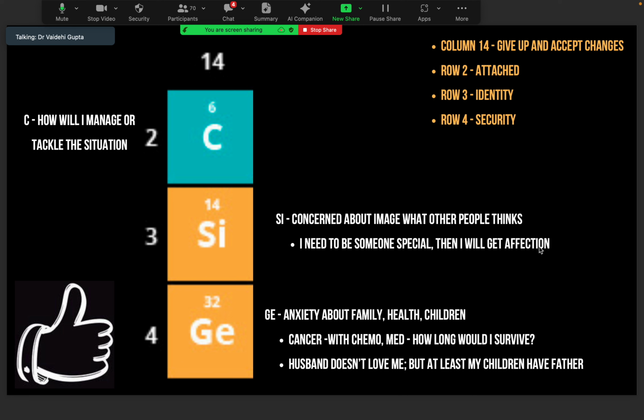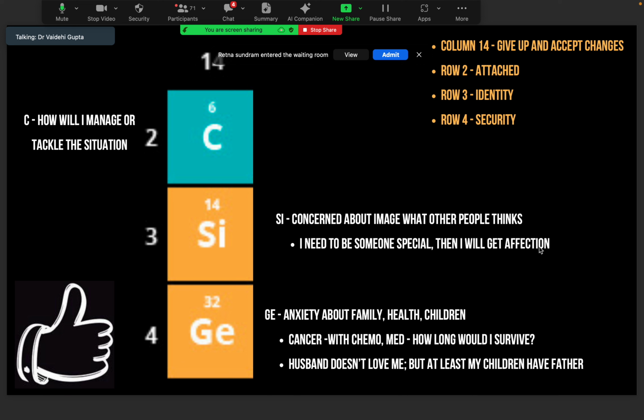Carbon, column 14, carbon, silicon, germanium. Carbon, how will I manage or tackle the situation? There is a feeling of carbon. Silicon, concerned about image, what other people think, because it is a row of identity. So very much concerned about his image, what people will think about him. I need to be someone special, then I will get affection. I want to get first rank in my exam, so that people will notice me.